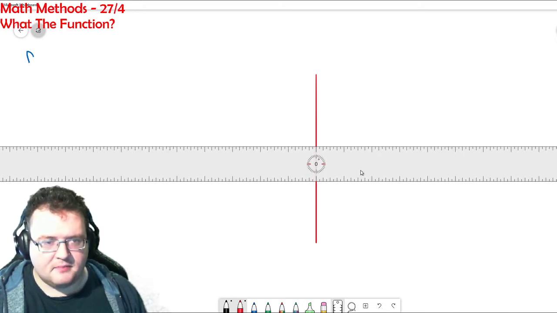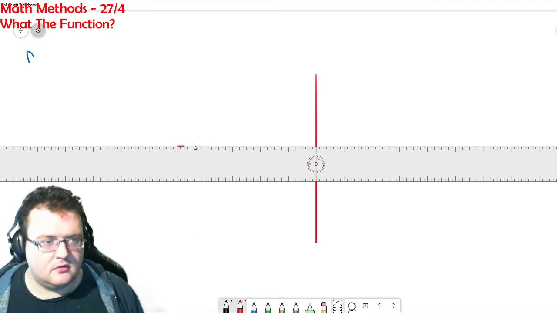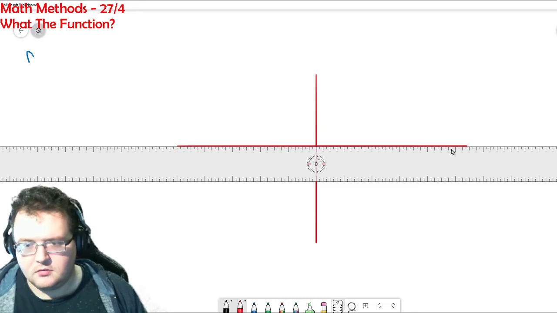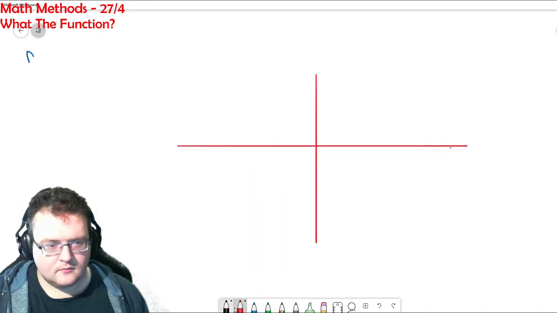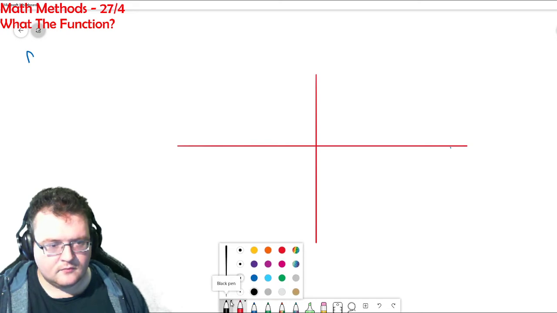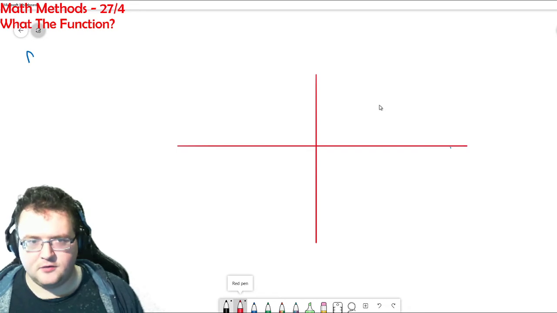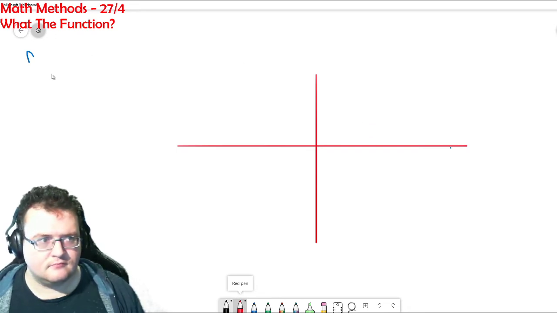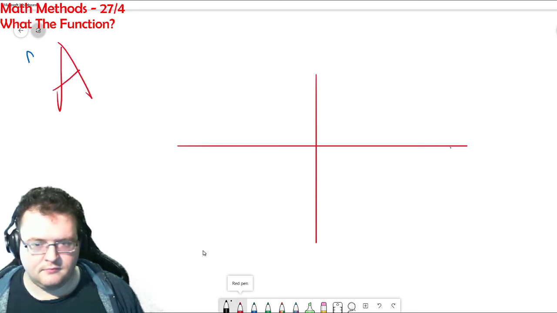If I have a divide by 0 error, what am I creating on my graph? What's that word called?